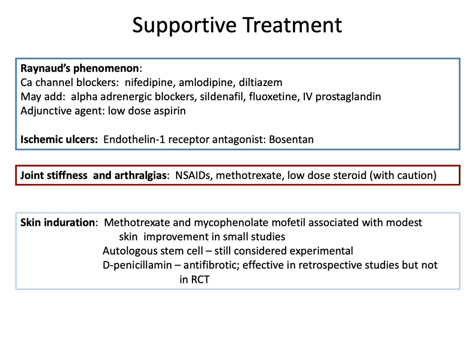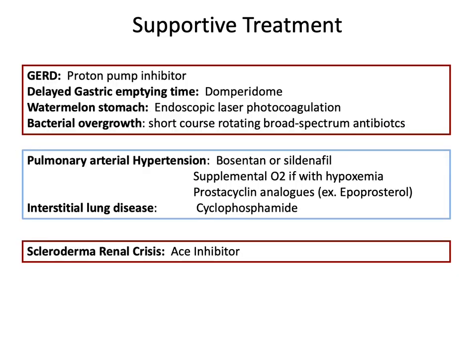For skin induration, our first-line treatment is the use of methotrexate as well as mycophenolate mofetil that is associated with modest skin improvement. We may also do autologous stem cell transplantation and D-penicillamine, which is an antifibrotic but nowadays is not currently used. For GERD, we use proton pump inhibitors. Also, domperidone for those patients with delayed gastric emptying because of decreased peristalsis.